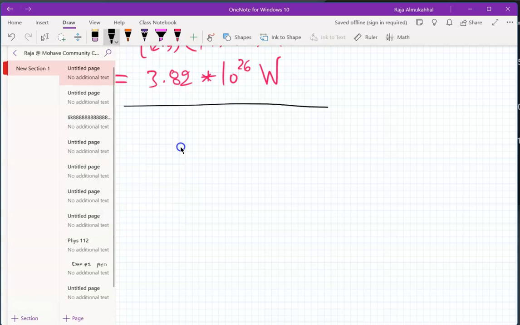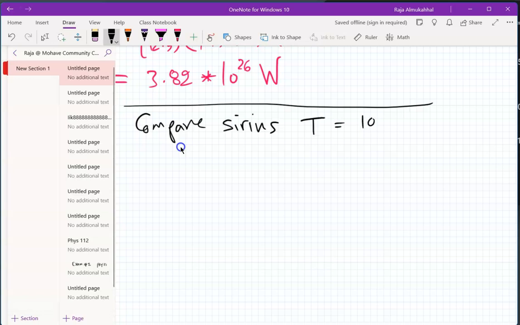So here's the example: compare Sirius. Remember, Sirius is the brightest star in the sky. Compare Sirius, which has a temperature of 10,000 Kelvin, and we're going to call it T sub S. And then we know that the luminosity of Sirius is 25 that of the sun, so 25 solar luminosities, you know what I mean?